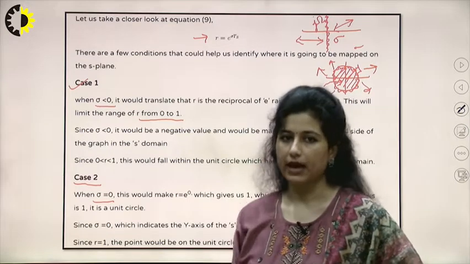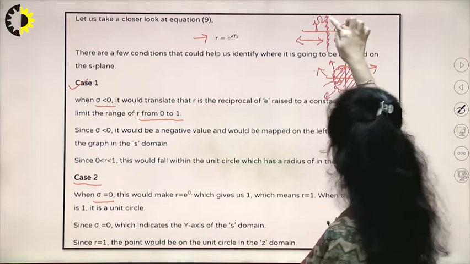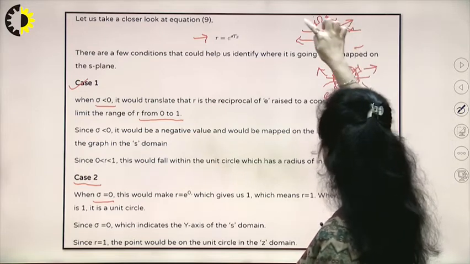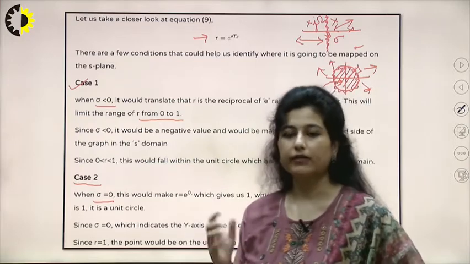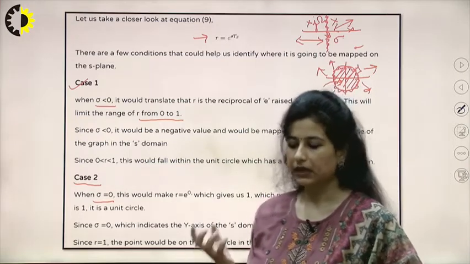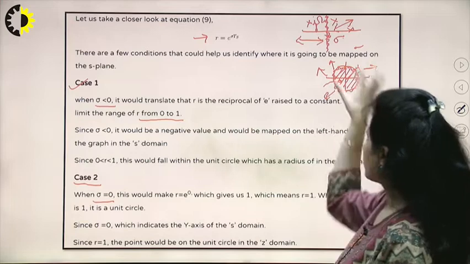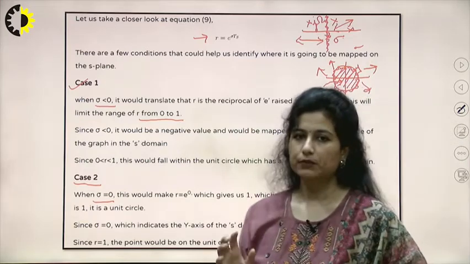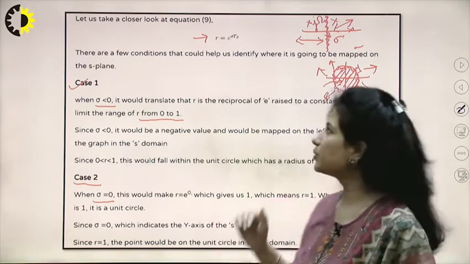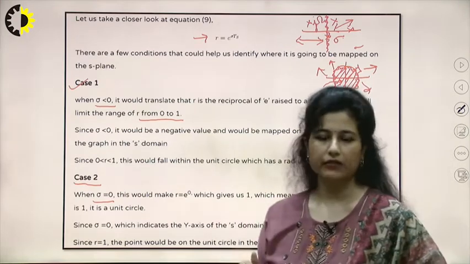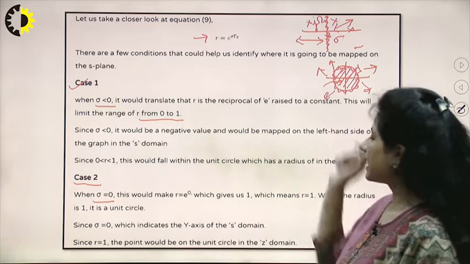So to summarize, if I plot certain poles here, the poles which are present on the right hand side of the S plane would remain outside the unit circle. The poles which are on the imaginary axis will form the unit circle, and poles which are present on the left hand side of the S plane would come inside the unit circle.